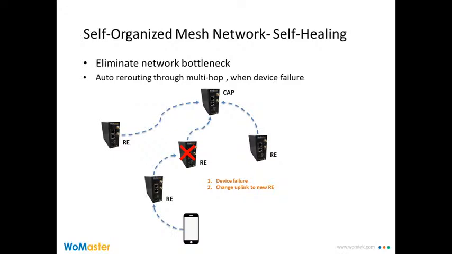The mesh network will coordinate a new path to access the CAP for the cell phone. Therefore, the cell phone will find the CAP by another path. It's automatic, so we call it self-healing.